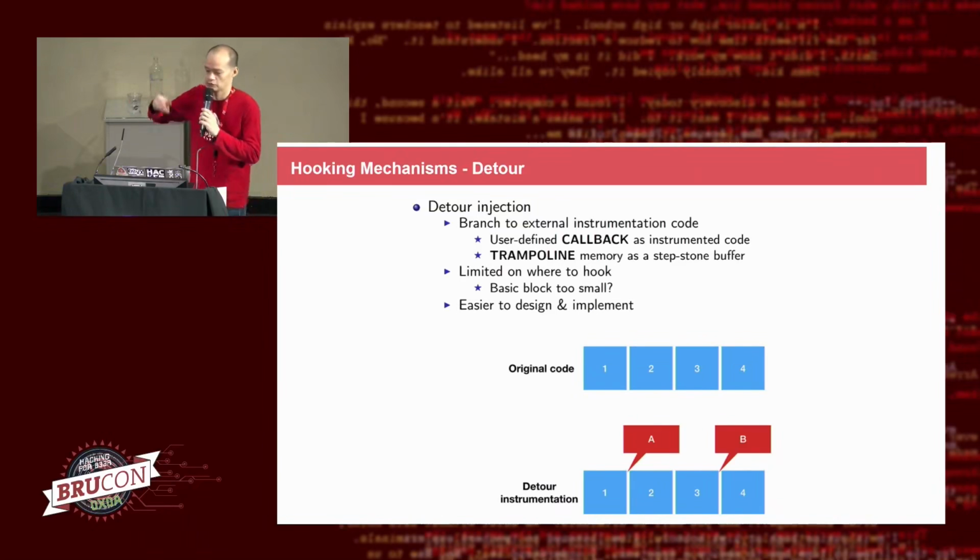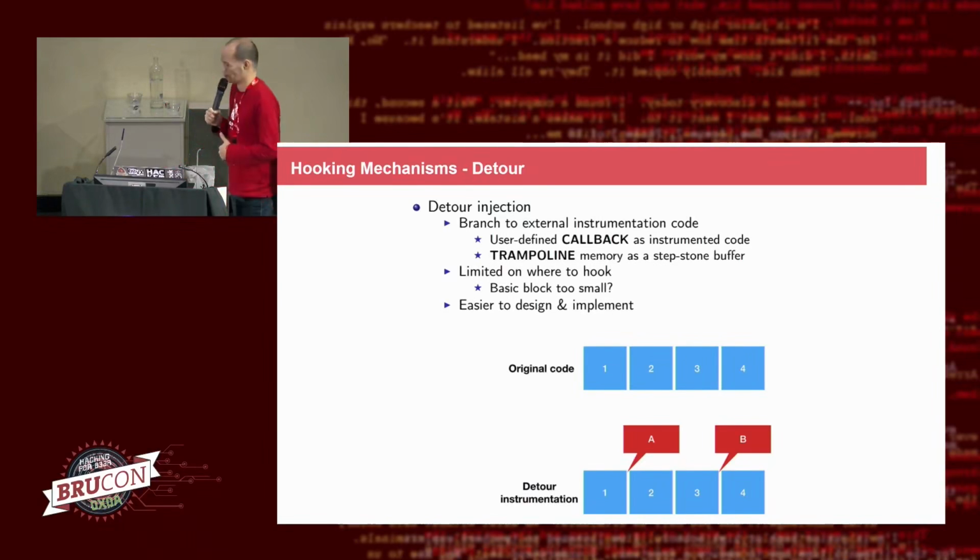The callback is executed as instrumentation code at runtime. And in many cases, we cannot just jump from the original code to our callback, but we need some help from some executable memory called trampoline memory. It's like a stepping stone buffer. So we put the callback into the trampoline buffer, and we branch from the original code to the trampoline buffer.